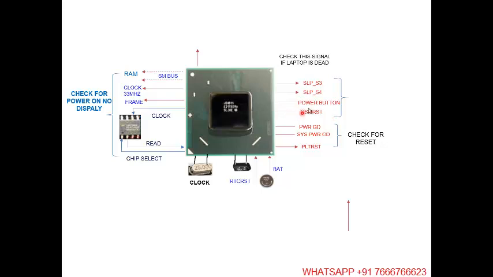If the PCH is getting these two signals and the power also, but is not sending out these two signals, that means the PCH is bad. Then if it is not saving the CMOS setup, you have to check this battery, this crystal, and the RTC reset.